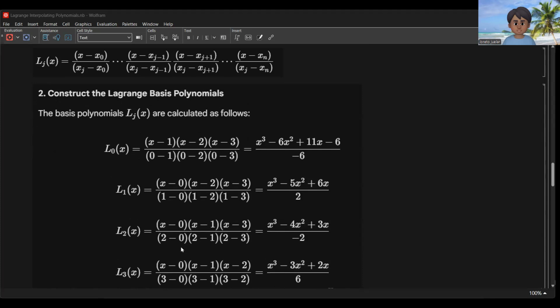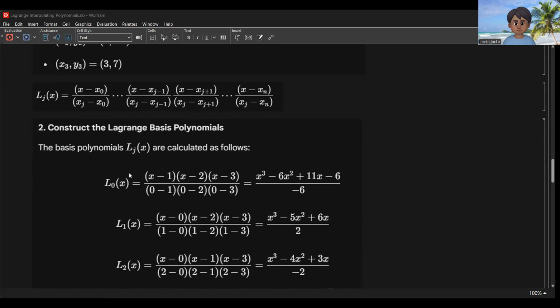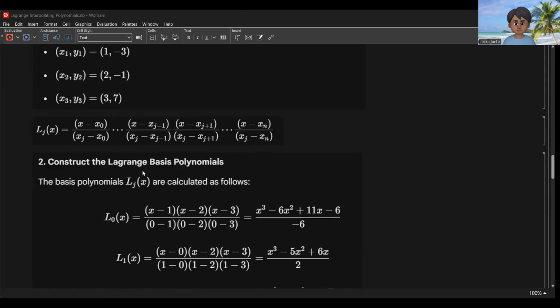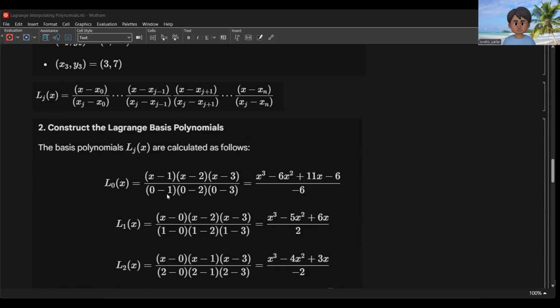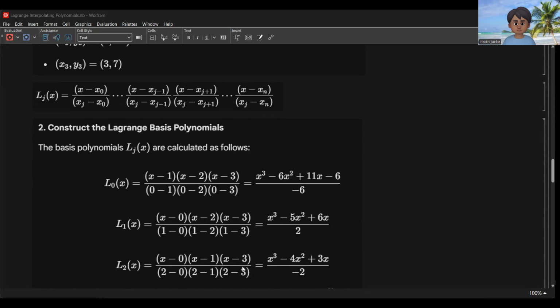For l sub 2, we have x minus 0, x minus 1, x minus 3 here, and 2 minus 0, 2 minus 1, 2 minus 3. So we have the corresponding polynomial here.